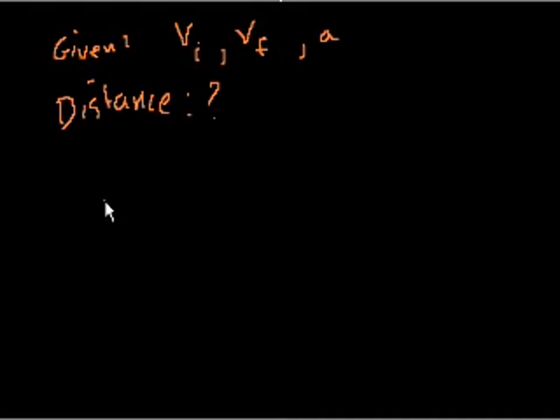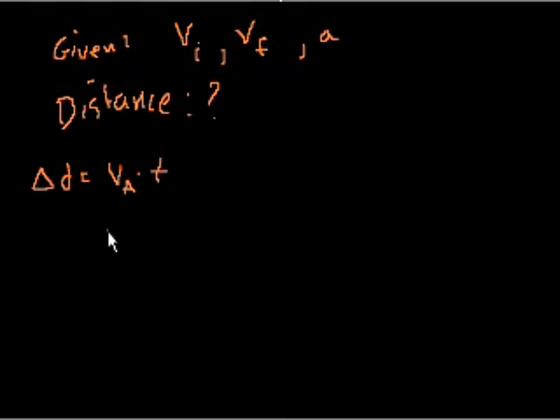So, doing it the exact same way we did in that last presentation, but now we're just going to use formulas. We know that the change in distance is equal to the average velocity times time. I'll just say time because we always assume that we start at time equals 0.